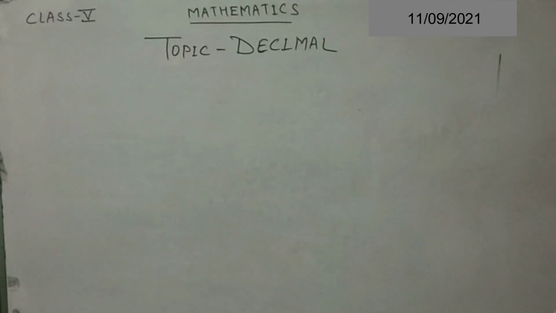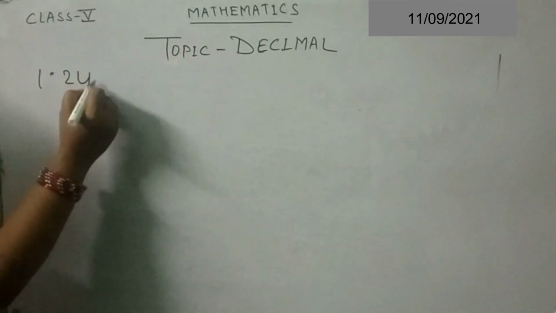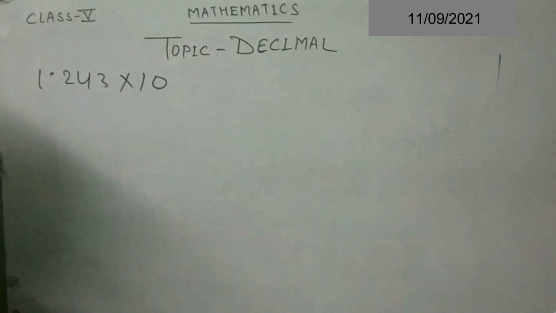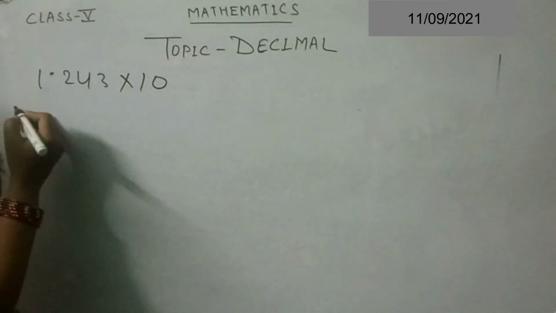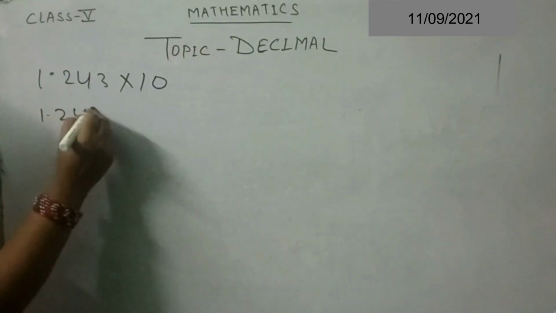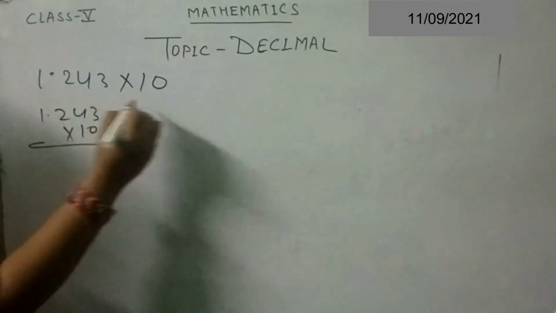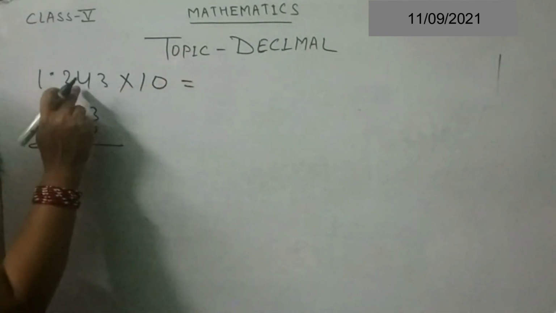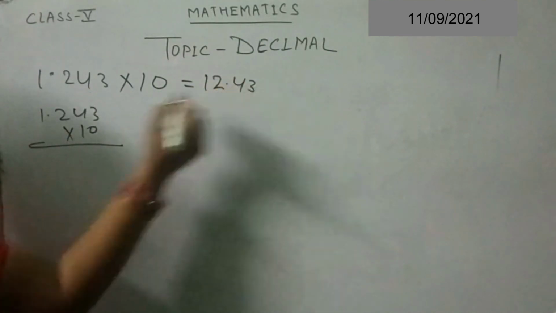Students, one simple multiplication. Suppose 1.243 multiply 10. What do we have to do? No need to write 243 multiply 10 and again do the 0. Directly you can move the decimal one digit. We will remove from here one digit: 12.43.